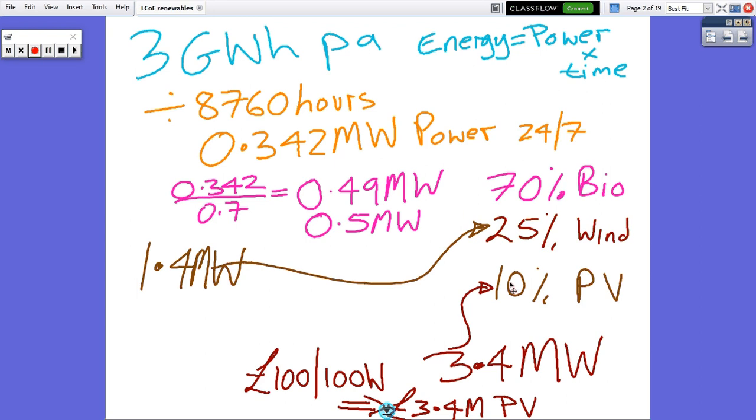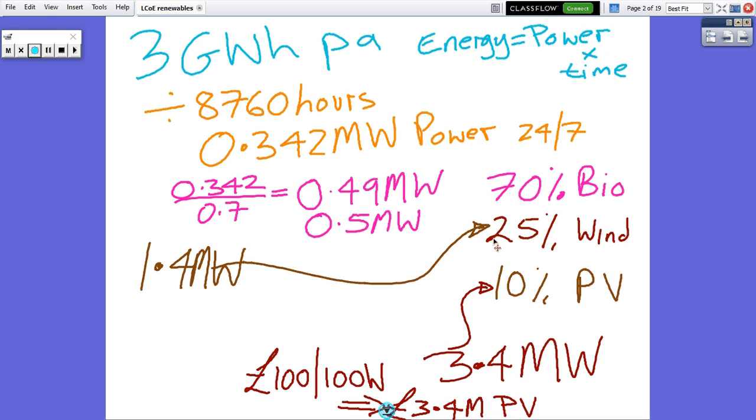If we take into account load factor of various renewable energy systems, for biomass energy system we're using a load factor of 70%. So what that means is for those 8,760 hours, only 70% of the time can we actually generate electricity, which means that the power of our installation in terms of biomass would have to be 0.49 megawatts. If we round that up to 0.5 megawatts for the purpose of comparing it with wind and PV.